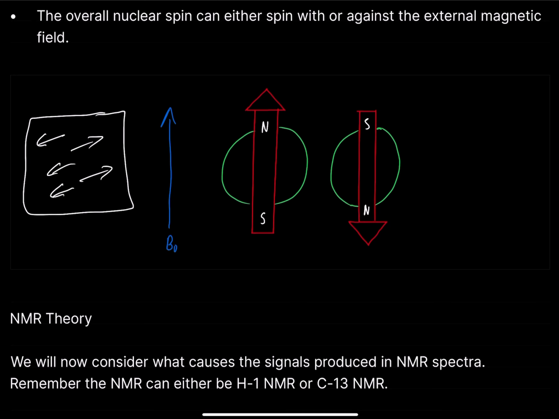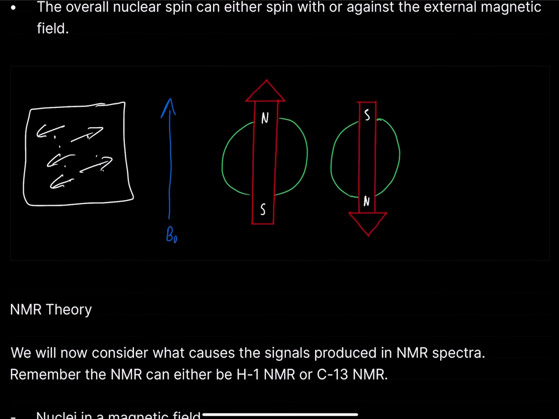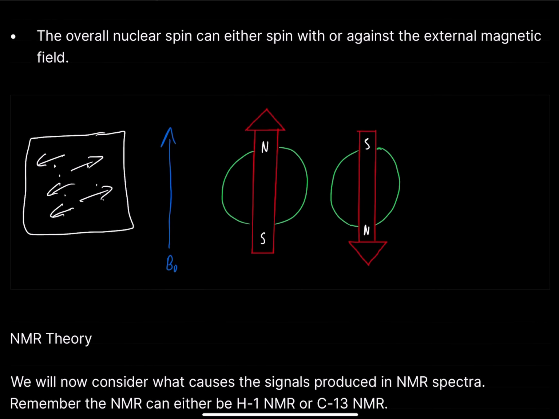In this example, obviously it's going to be much more in the real thing, but there are 3 going in this direction and there are still 2 going in the opposite direction. And that's what allows us to determine our energy difference, or our energy gap.